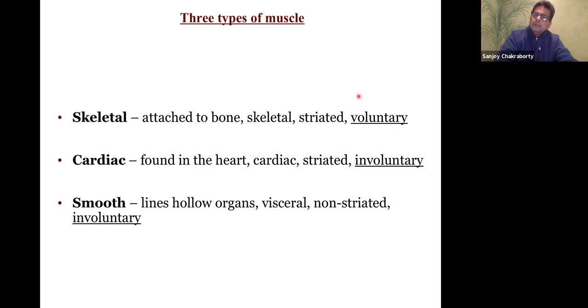Voluntary muscle means you have conscious control of that muscle, like when you want it to work. If I want my skeletal muscle to move my arm, I can do it. But cardiac and smooth are involuntary muscle, meaning even if you want right now to increase your heart rate, you can't.